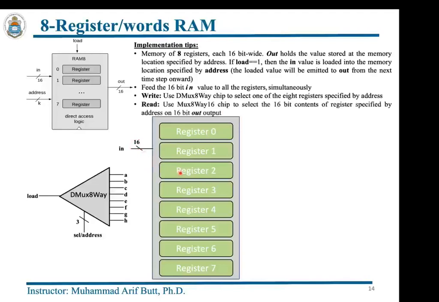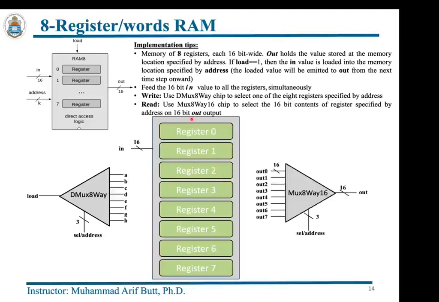In case of reading, we use a MUX 8-way 16 chip, which of course we already have designed in the combinational part of this course. And this is used to select the 16-bit contents of the register specified by, of course, the address bits. So the address will be placed over here. This is MUX 8-way 16.